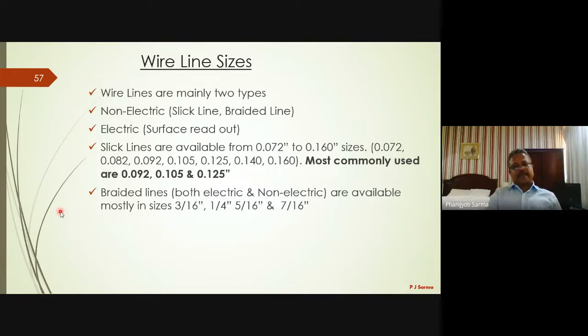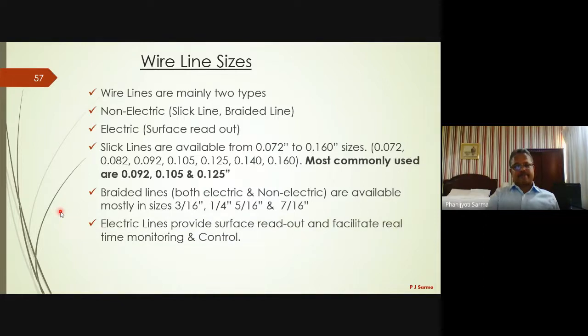Braided line, electric or non-electric, could be 3/16, 1/4, 5/16, 7/16. So these are the sizes. And as I have already said, electric line provides the surface readout and facilitates real-time monitoring and control. Different types of wireline are used for different purposes, as we have already talked about.